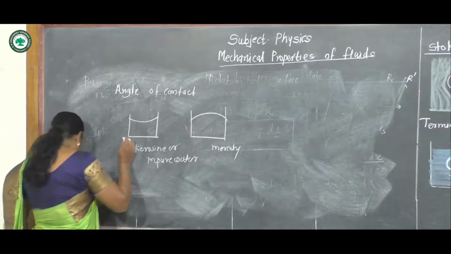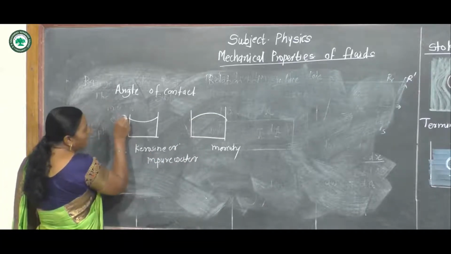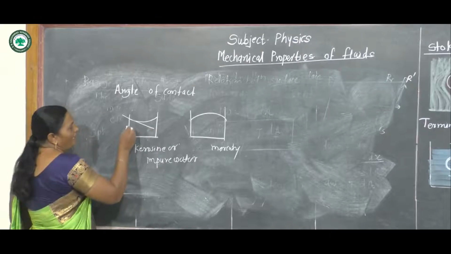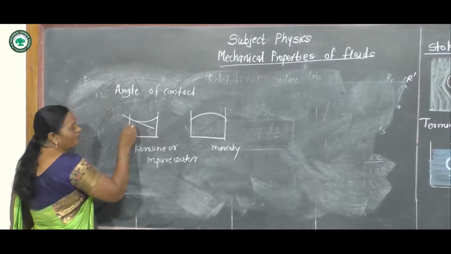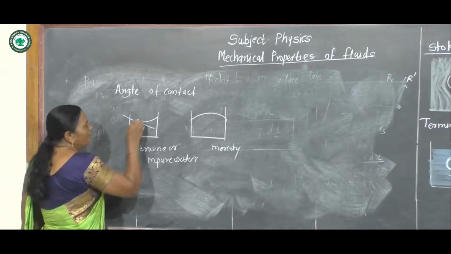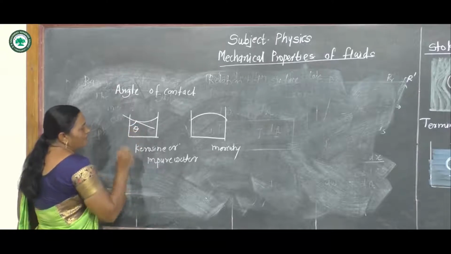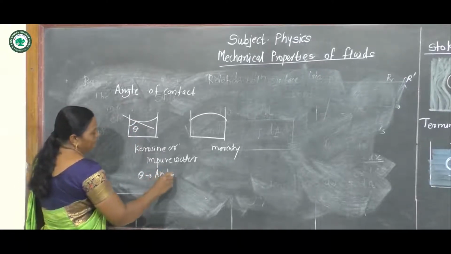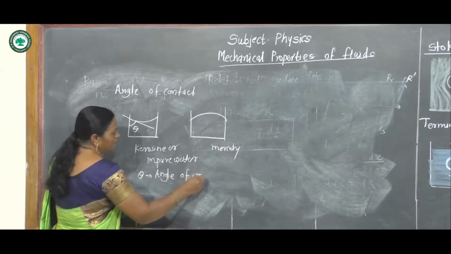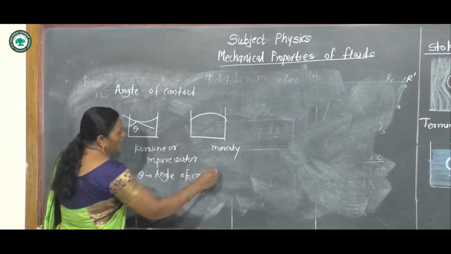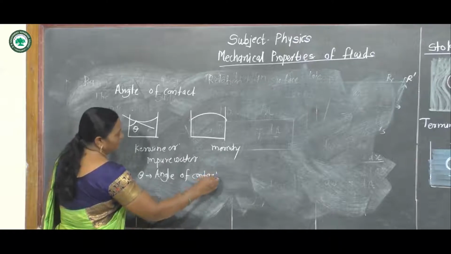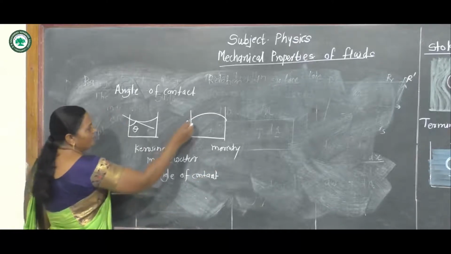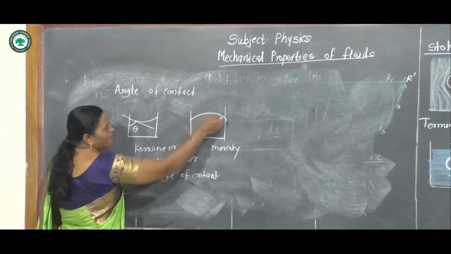Now, suppose we draw the tangent to this free surface at the point of contact of solid and liquid. The angle is theta, and this theta is called the angle of contact. In this case, this is the free surface of mercury.